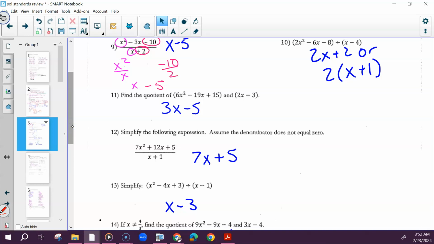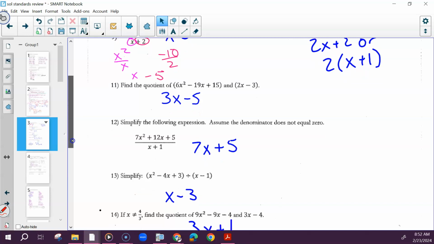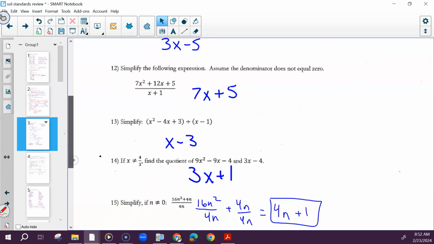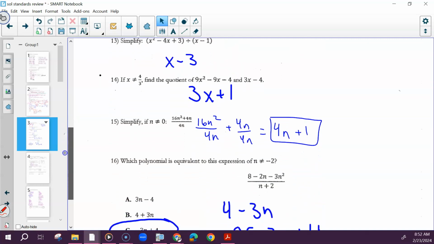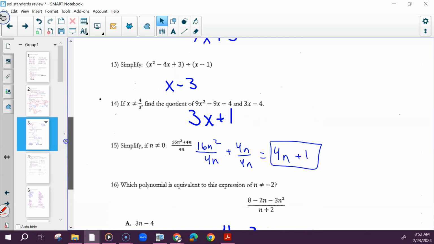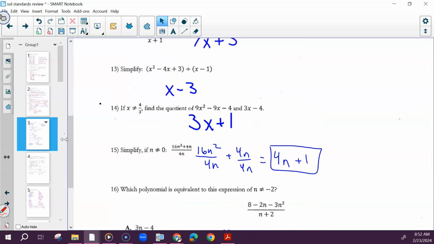X minus 3 for 13, and then I'll scroll down just a second. 14, 3x plus 1. 15, 4n plus 1. And 16 was C. And go on to the next page.